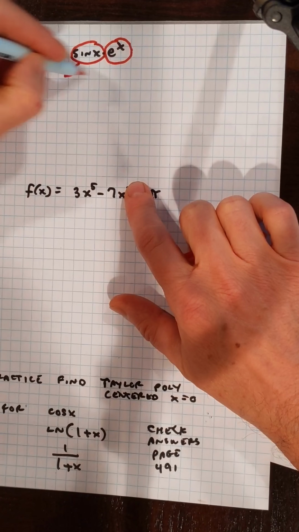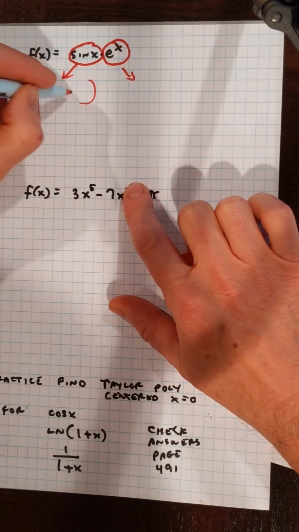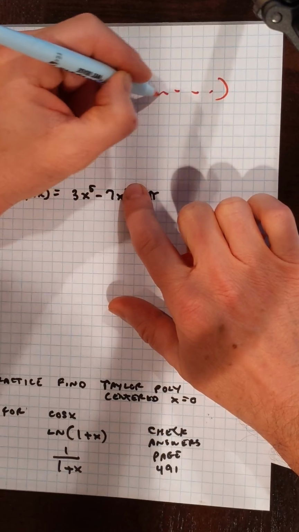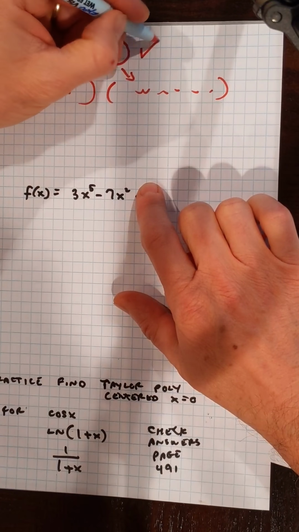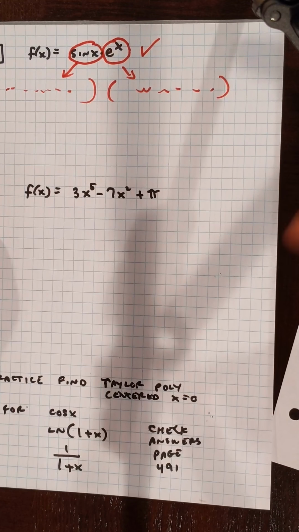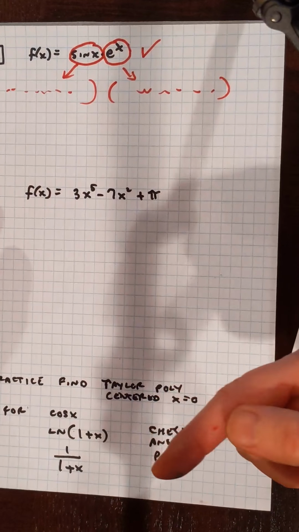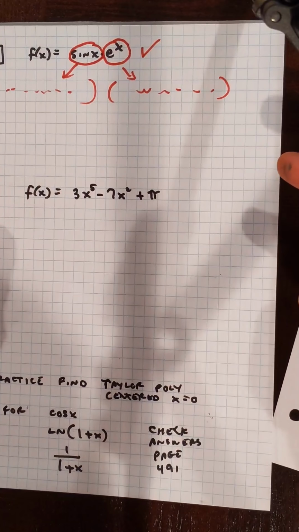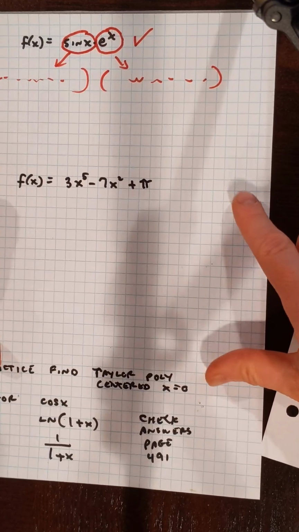But if I try to do that, I got an infinite number of polynomial terms here. So basically, this one would be a nightmare because we'd have to do each step. We'd have to take the derivatives, plug in the center of 0, in this case it's center of 0, and then I'd have to find the coefficient and then write the polynomial. Not a fun one. Probably not one you're going to be tested on.